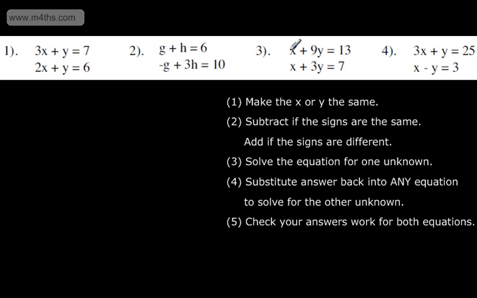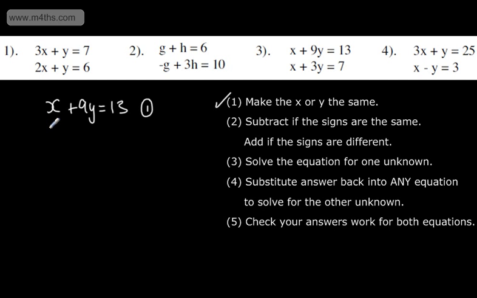We can see the value of x is the same. So all we're going to do now is simply subtract, as the value of x is the same and the signs are the same. So make x or y the same. That's already done for us. The x's are the same. We're going to subtract if the signs are the same. They're both positive. So we've got x plus 9y is equal to 13, equation number 1.